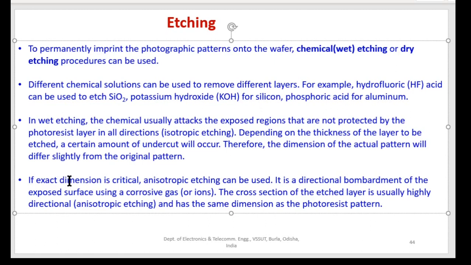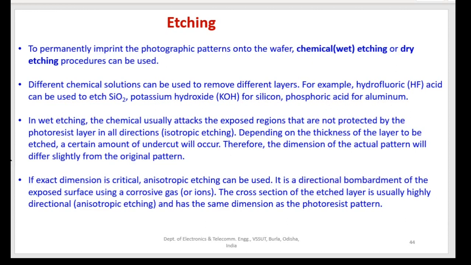So in the case when exact dimension is critical, anisotropic etching can be used. Right, so it is a directional bombardment of the exposed surface using a corrosive gas or ions. Okay, the cross section of the etched layer is usually highly directional, and hence it is called anisotropic etching, and has the same dimension as the photoresist pattern.